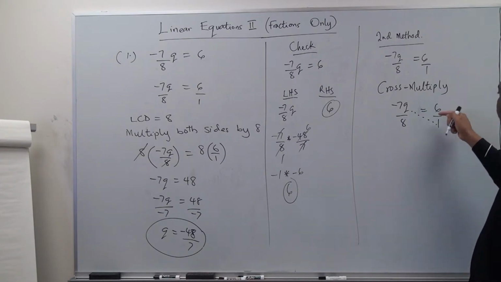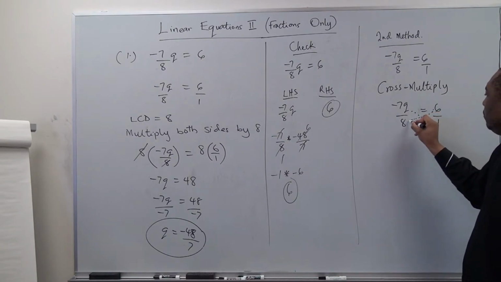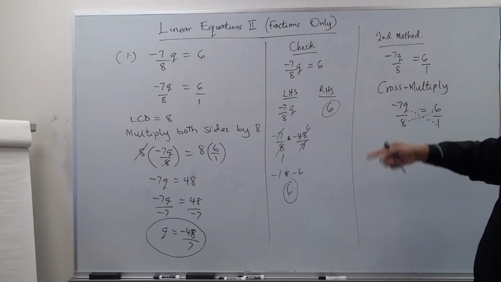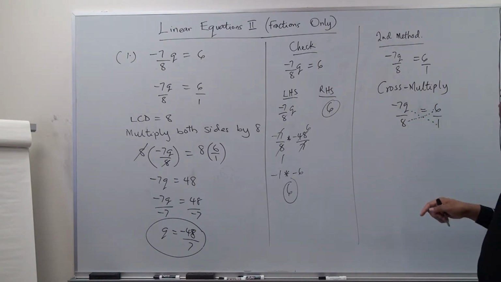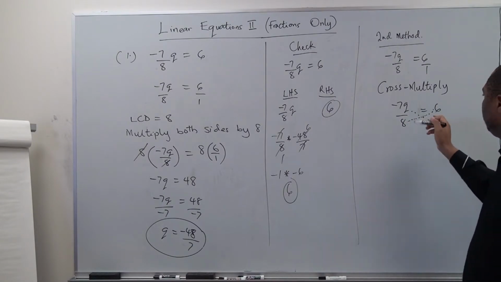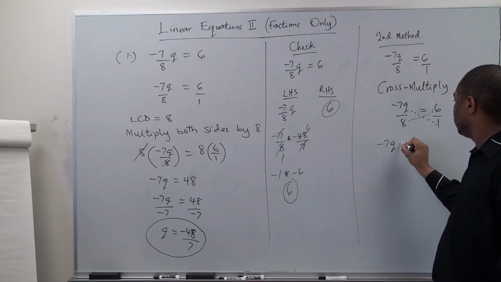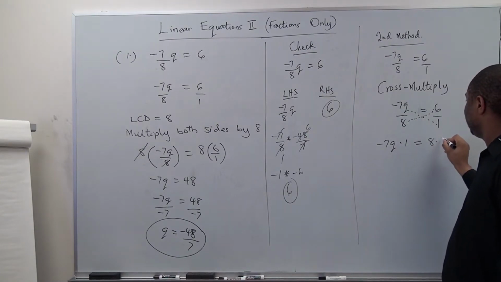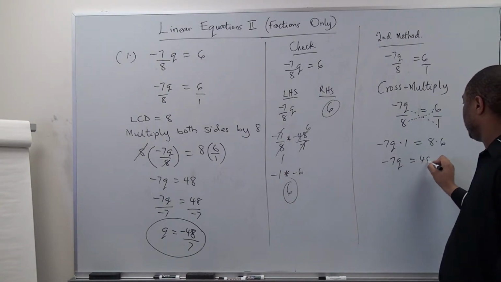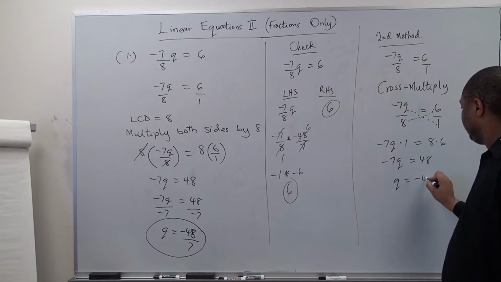Similarly, you multiply the numerator of the fraction on the right hand side with the denominator of the fraction on the left hand side. So you have something that looks like an X across. Some people call it the butterfly method, because it looks like a butterfly. So this is negative 7q times 1 equal to 8 times 6. And that is negative 7q equal to 48. And then you divide both sides by negative 7. q will be negative 48 over 7.